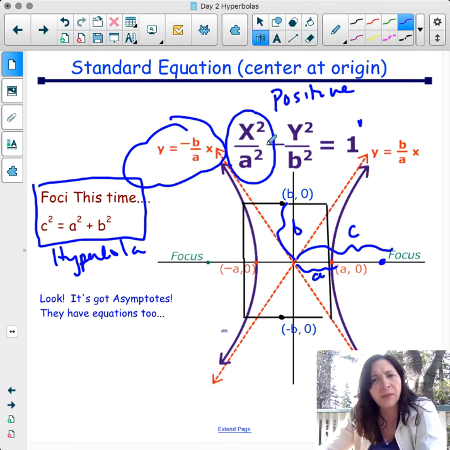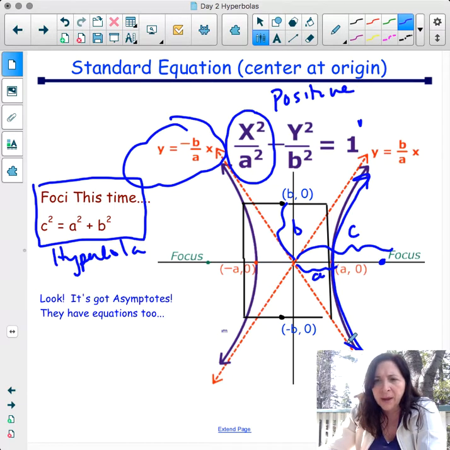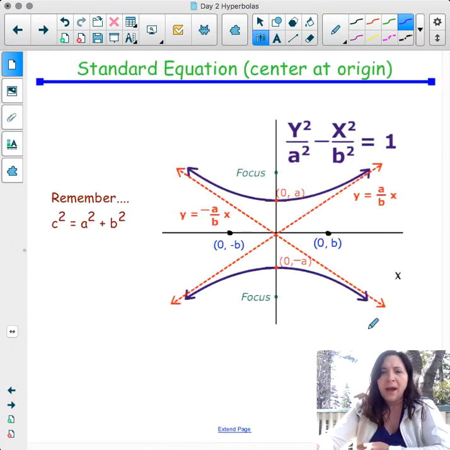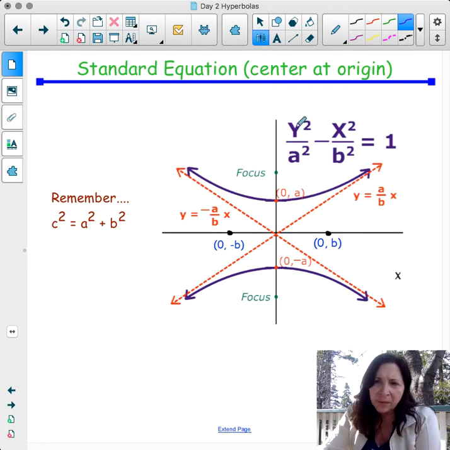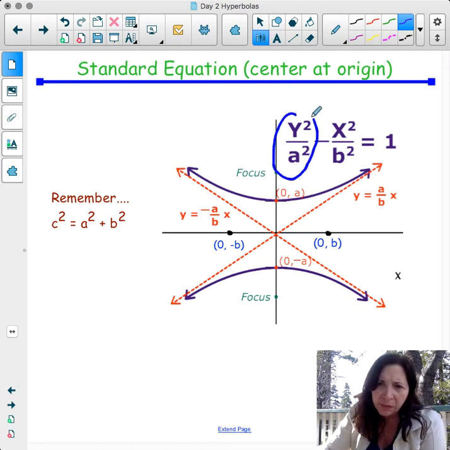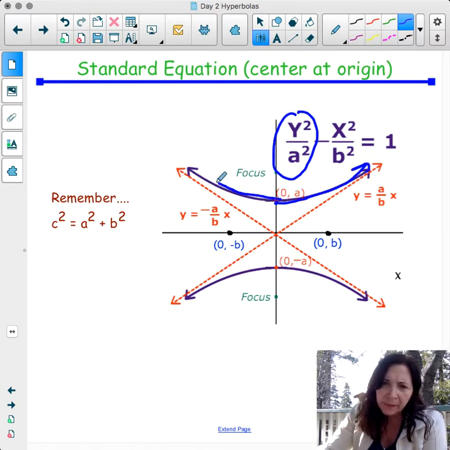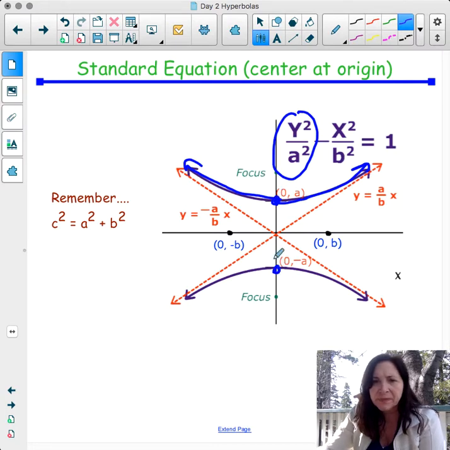So see how x squared is positive? That means my hyperbolas are going to be off of my x-axis. Whereas in this example, you'll notice that my y squared term is positive. That means my hyperbolas are going to arc around off of the y-axis. See, y-axis here and here. Okay?